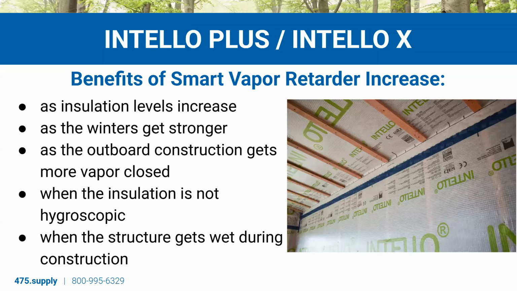And then when we have wetter construction, we really want this vapor variability so it can dry inwards and not trap any of that wet wood or plywood sheathing, or maybe it's poured concrete or something like that. So the interior air barrier is greatly reducing risk, but we're further reducing risk with the vapor variability of the Intello Plus or the Intello X membrane.